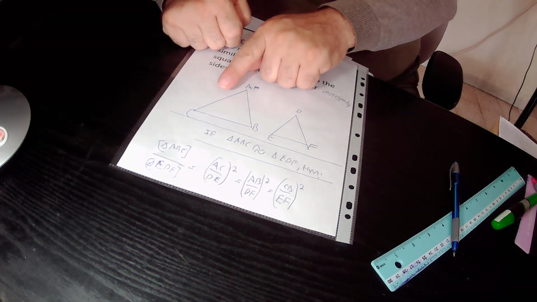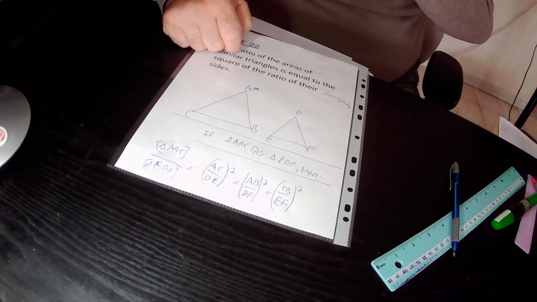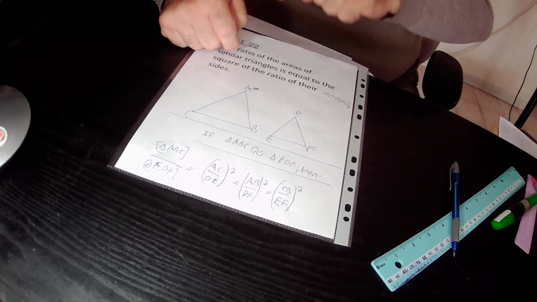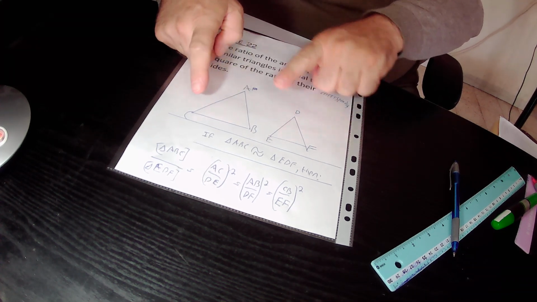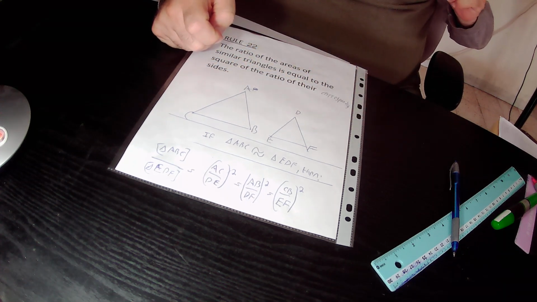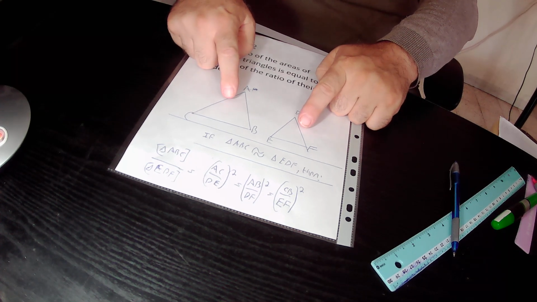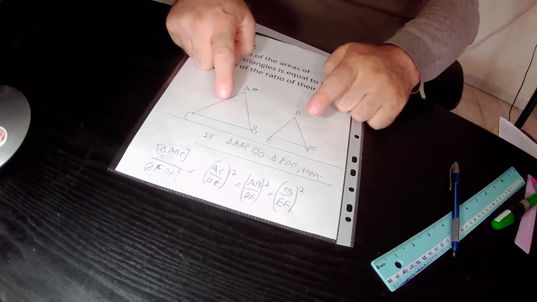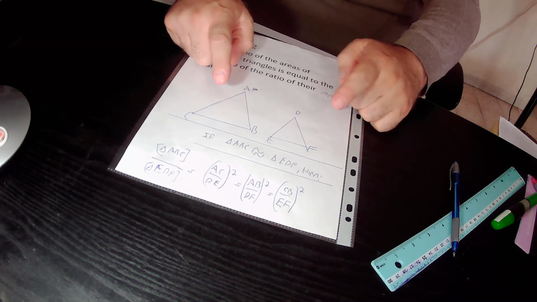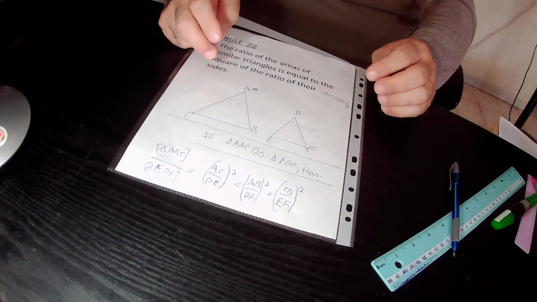And finally, CB is the corresponding side of EF, so the square of the ratio of those two corresponding sides is of course CB over EF squared. So the ratio between the areas of those two similar triangles is equal to the square of the ratio of their corresponding sides.